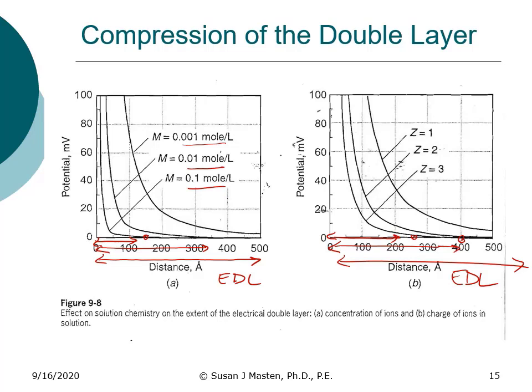So again, this is the charge of your counterion. And if we have compression of a double layer, then this is the ion that we're adding. So for instance, in this case, we don't use sodium chloride as a coagulant because it's not very effective. But if we did, that would be a charge of 1.